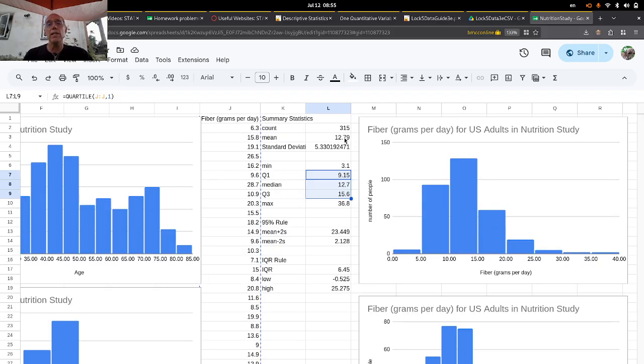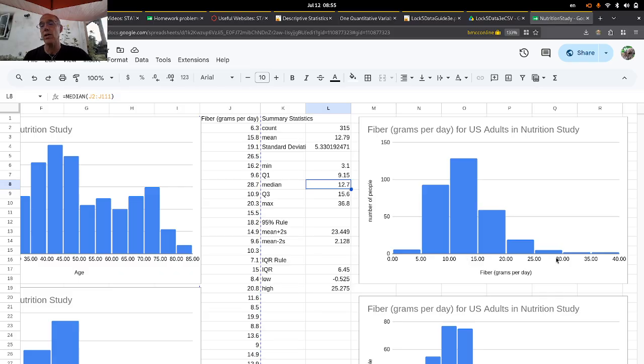The mean is a touch higher than the median, and that usually happens with a right skew. These numbers that are further to the right from the center make the mean a little higher than the median because we use those numbers to calculate the mean. The median is just whatever number's in the middle.